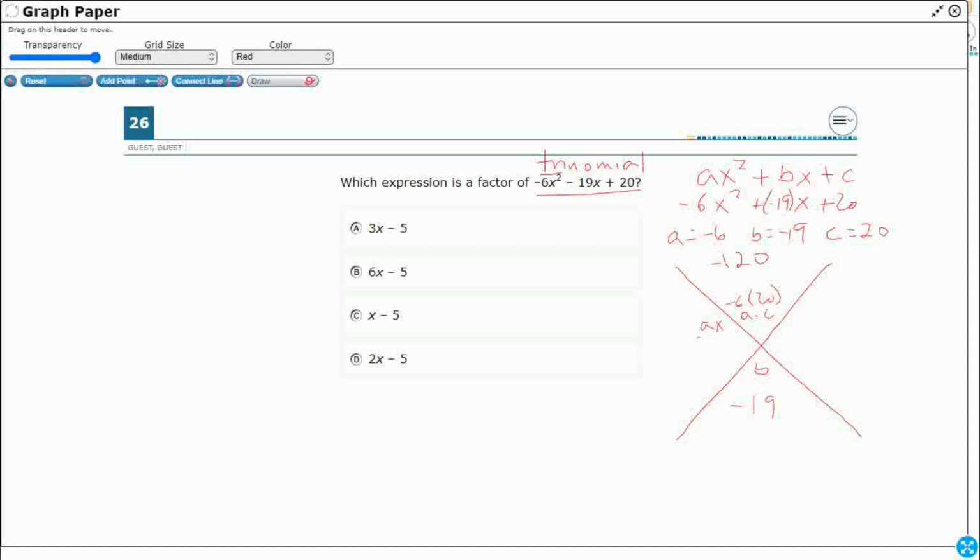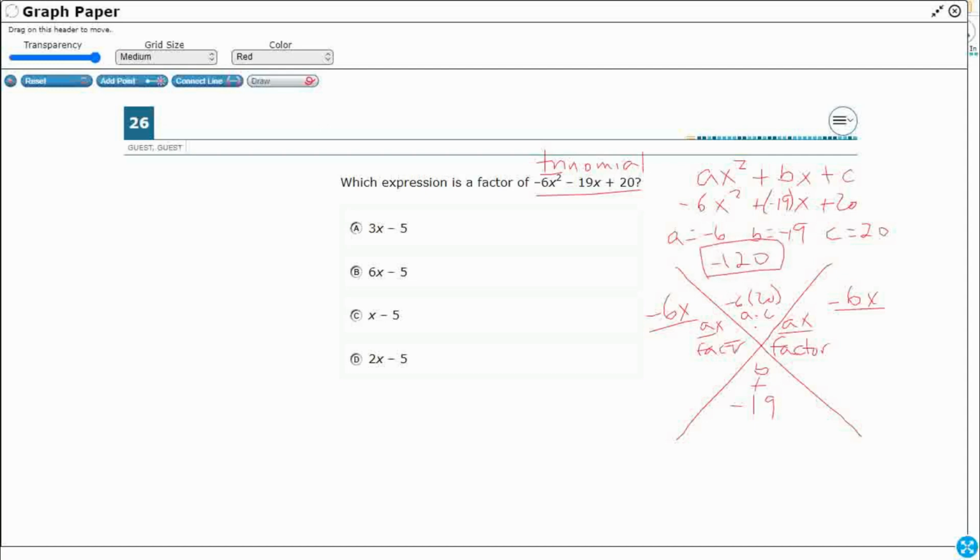And then we got ax over my factor, and then ax over my factor over here. So my a is going to be negative 6x over something, negative 6x over something. I'm looking for two factors that multiply to my negative 120 and add to negative 19.